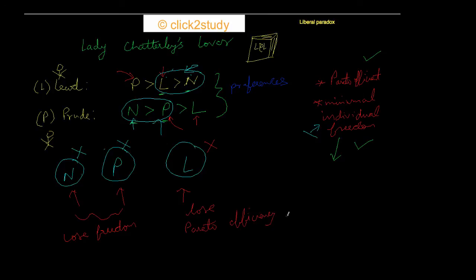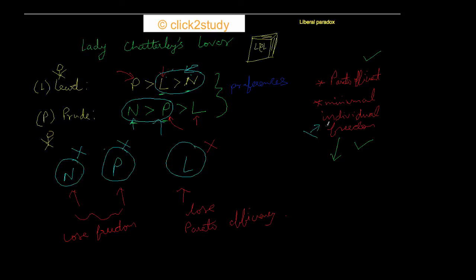So with this example, you can come up with such a scenario that shows that there is this kind of paradox, and that's the liberal paradox, or impossibility of the Paretian liberal, which means that such a liberal possibility is not there, which is both Pareto efficient and respects minimal individual freedom. In the actual 1970 paper, this example is there, but there is also a very formal, rigorous proof, which works for almost any case. But I have not gone into that.